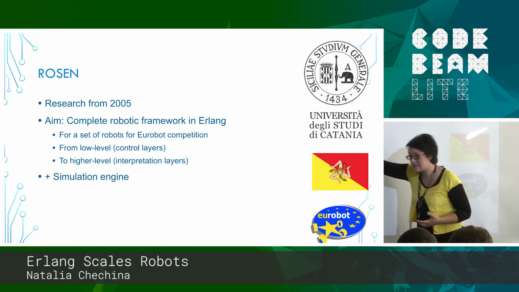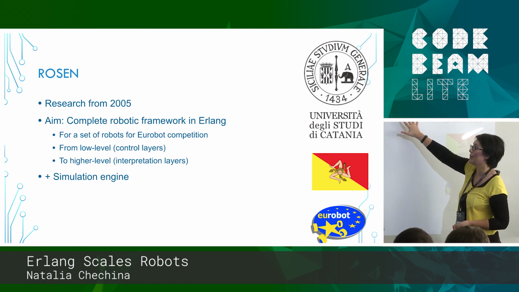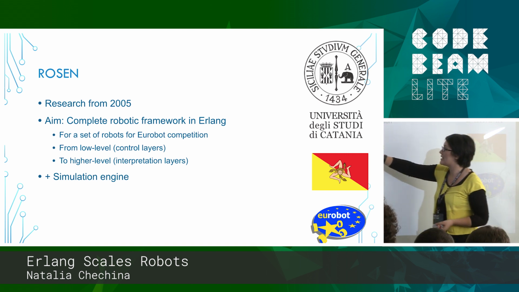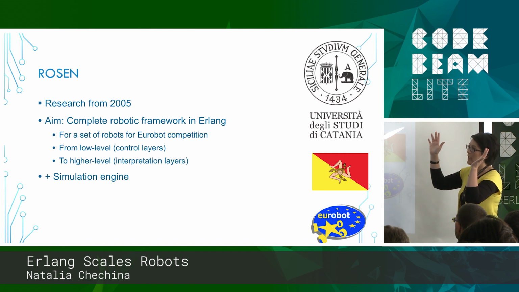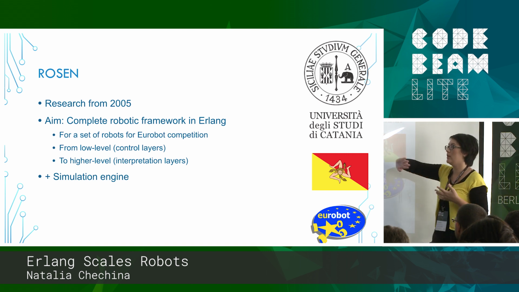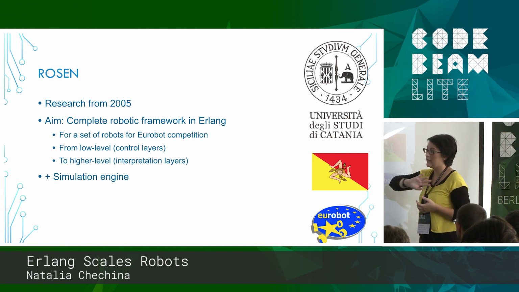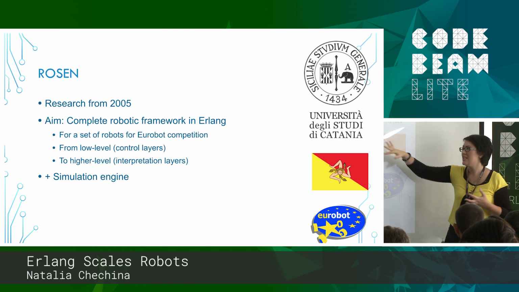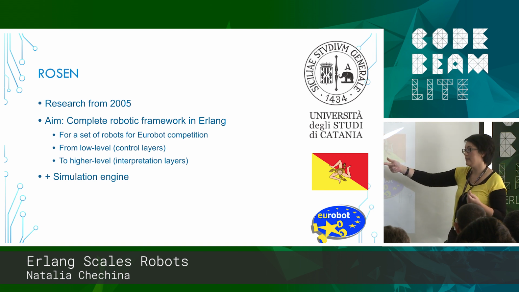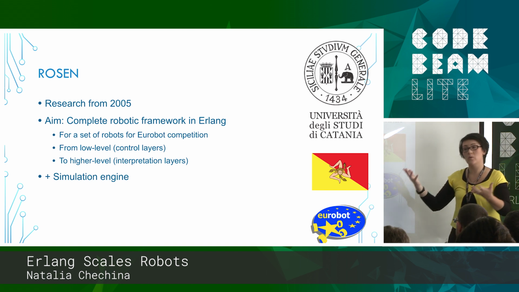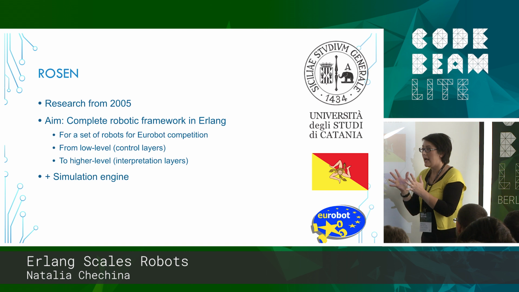So they wanted a complete framework written in Erlang, going from the really bottom to the top, from low-level control levels to high-level imperative levels. Initially it wasn't called Razan; when they introduced a simulation engine in there, then they called it Razan and it got its name.